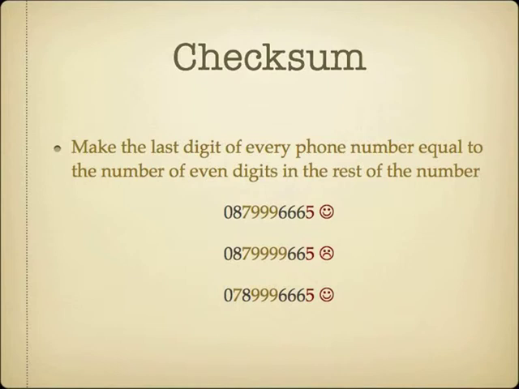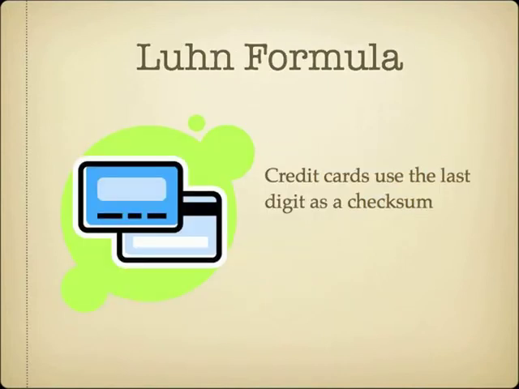Now, a checksum like this isn't very sophisticated. It wouldn't catch a scenario, for example, where numbers are transposed. So if you had 078 999 666 5, that would appear to be okay. Now, one of the most useful scenarios in which we use checksums on a website is to check the validity of credit card numbers.